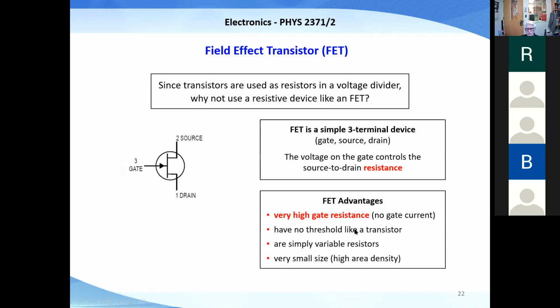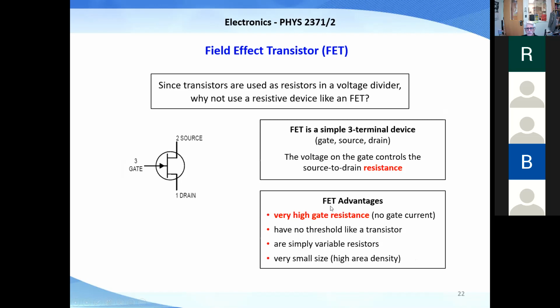It doesn't have that threshold like you saw with the transistor circuit. They're simple variable resistors, and you can make them in very small sizes, very high density. That's how you can get nearly 1 billion transistors on a square inch or square centimeter.